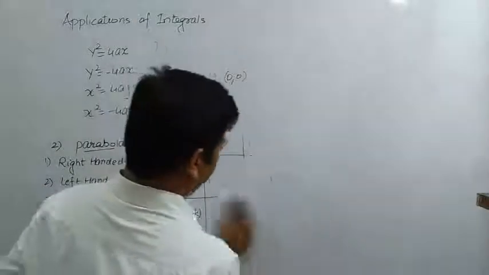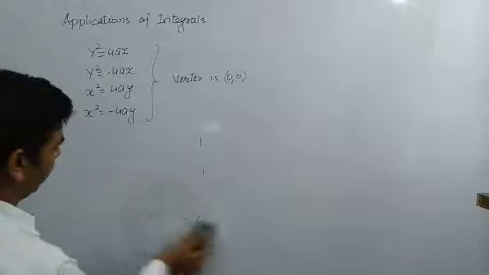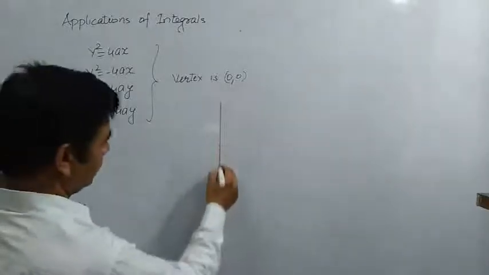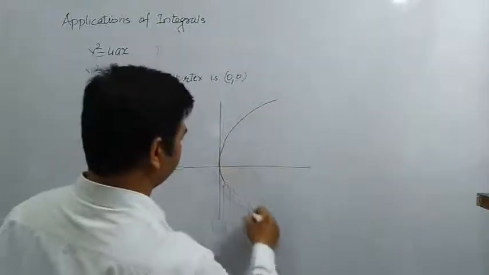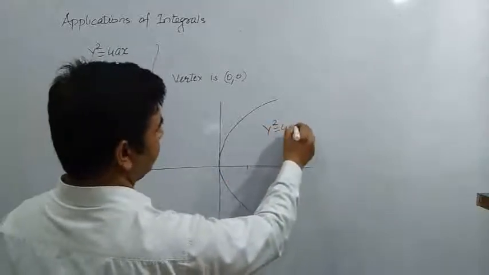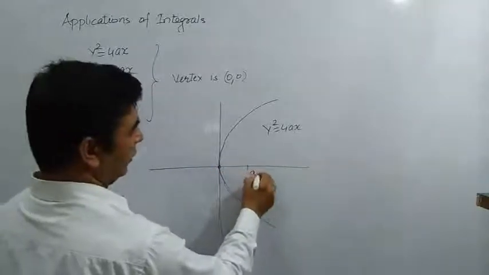You can see the figures of the parabolas. This is the right-handed parabola, whose equation is given by y square is equal to 4ax, vertex is (0, 0), focus is (a, 0).